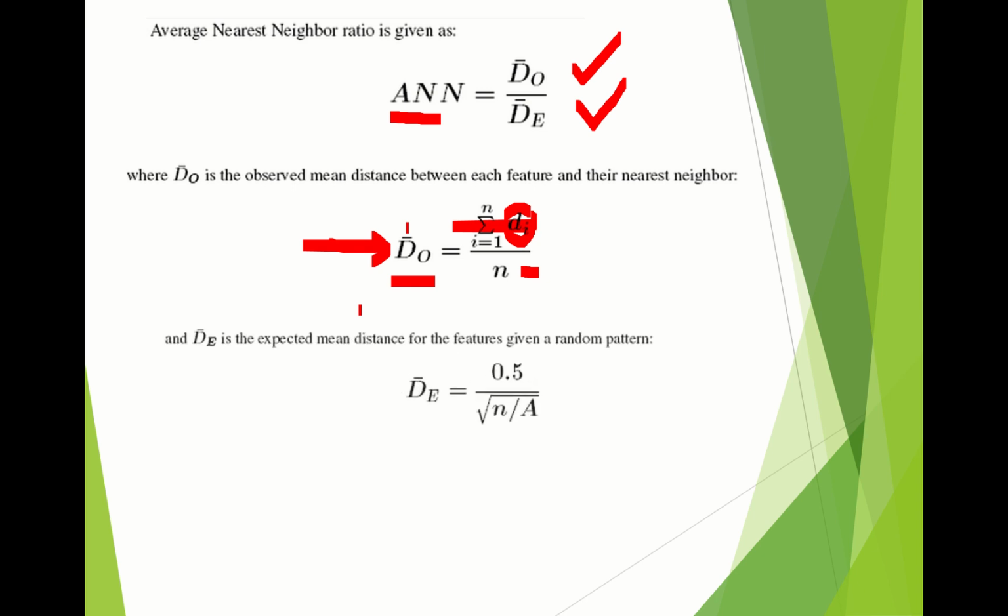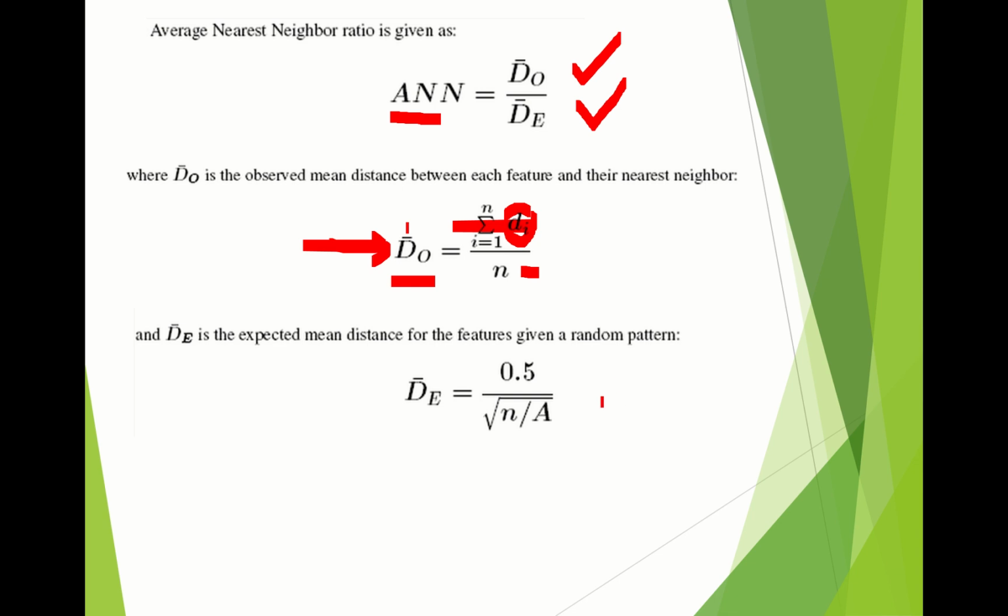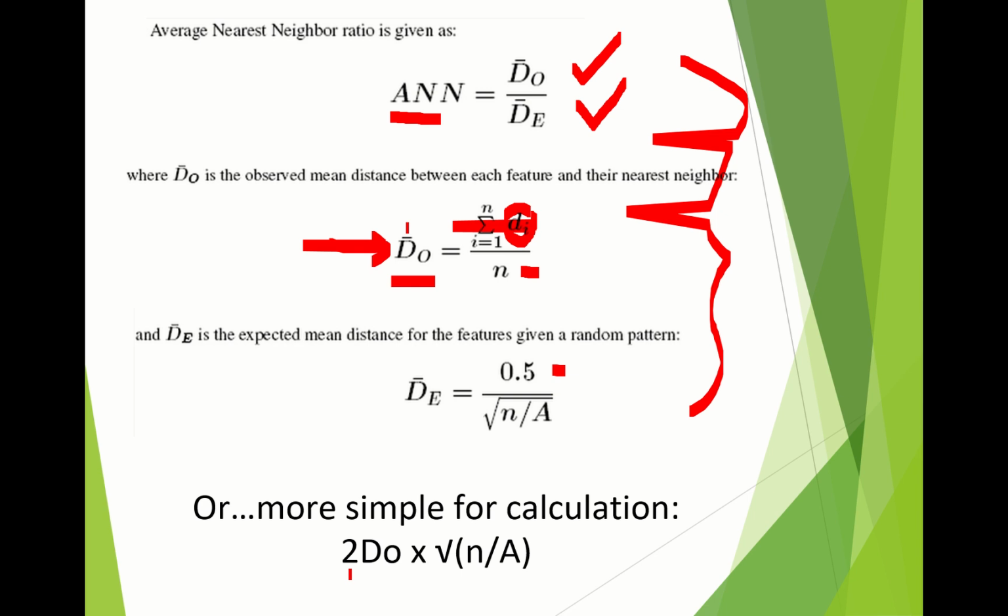And then we're comparing that in our ratio to the expected distance, which can be given by 0.5 divided by the square root of the number of points divided by the area of analysis. So we can combine all of these three terms together and calculate the average nearest neighbor using that formula right there.